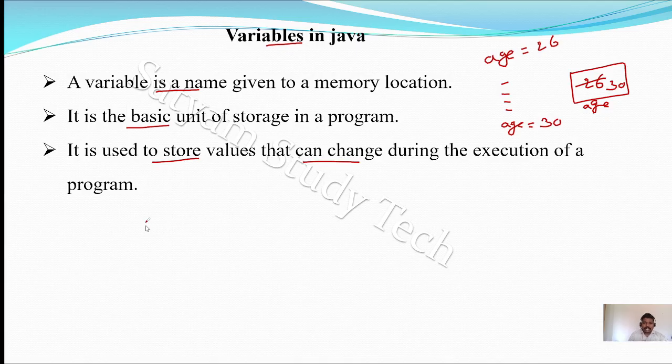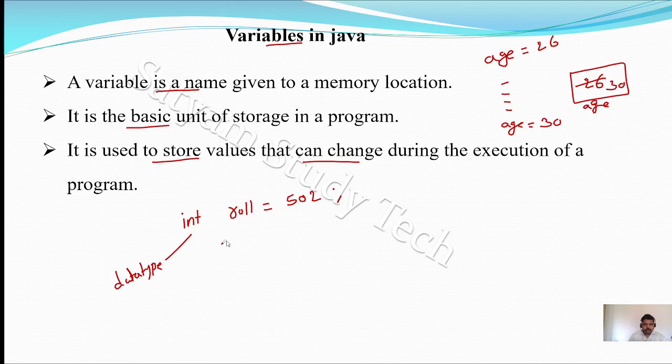So how do we declare a variable? This is the data type int. For example, roll number equal to 502. So what is int? It is a data type. What is meant by data type?